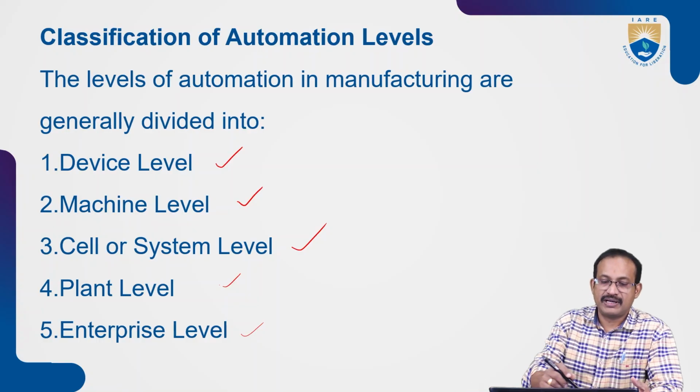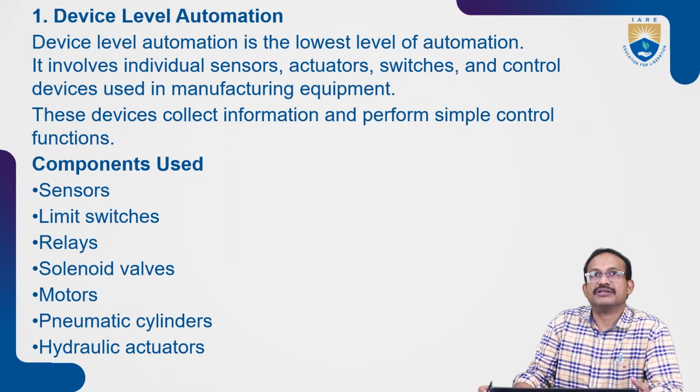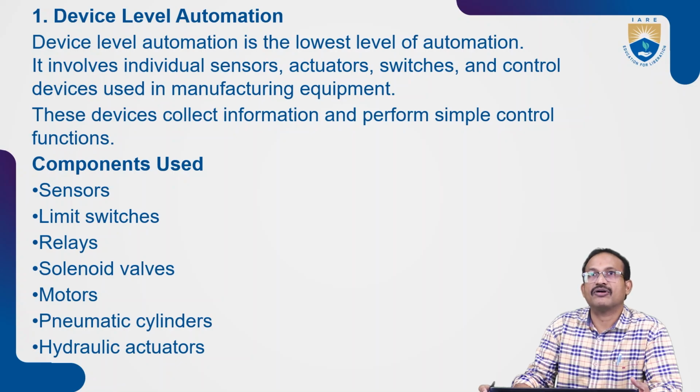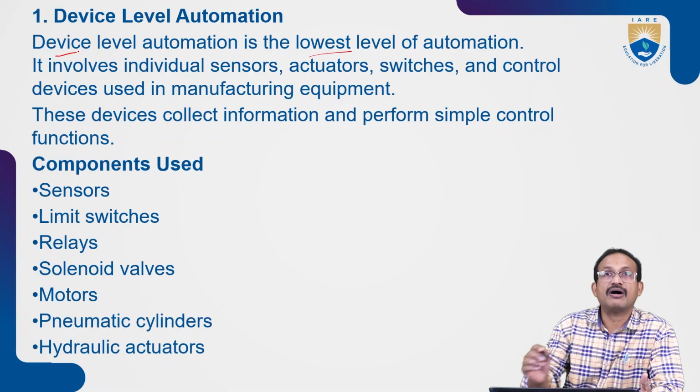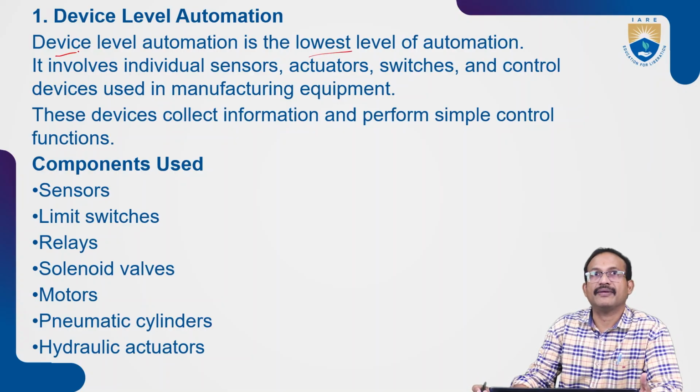Device level automation. Device level automation is the lowest level of automation. It involves individual sensors, actuators, switches, and control devices used in manufacturing equipment.